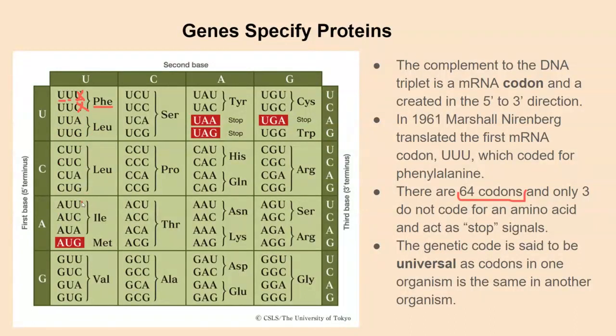But this redundancy of having 64 codons for only 20 amino acids means that there's 4 different codes that could possibly code for leucine. There's 4 different codes that could possibly code for serine or proline. And this really helps with redundancy in case there's an error.